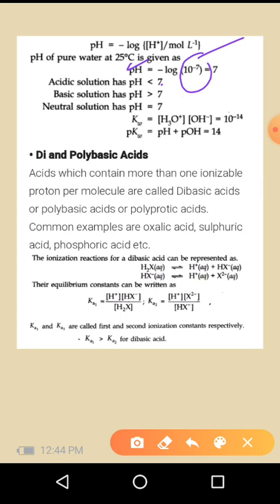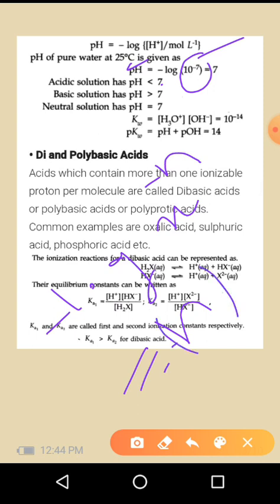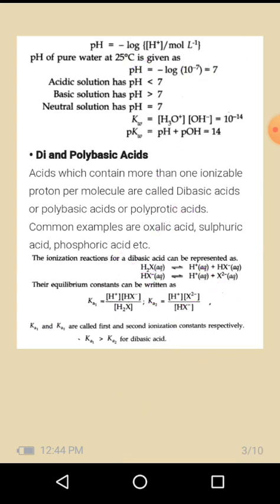So that is 7, because log of x to the power n is taken as n itself. So it is minus log of x to the power minus n, that is minus n into minus, which is converted into n. So the value becomes 7.